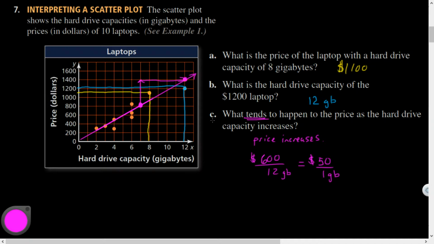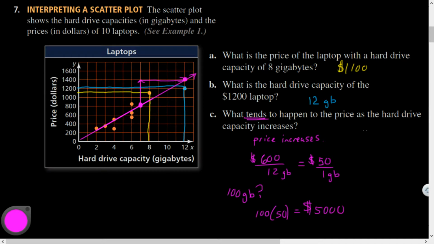And then if I was buying a laptop that was, say, 100 gigabytes, right? What if I bought a laptop with 100 gigabytes? How could I figure out if that's a good price? Well, I would take the 100 gigabytes. It's $50 per 1 gigabyte, and I could take 100 and multiply by 50, and I would predict it's around $5,000.